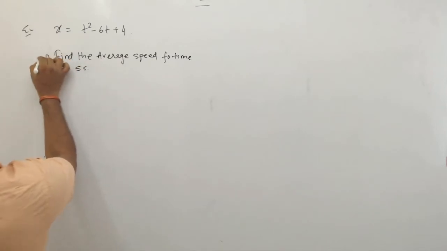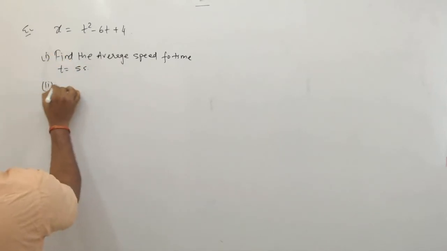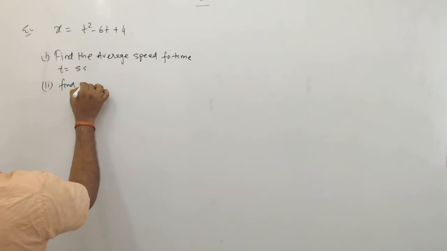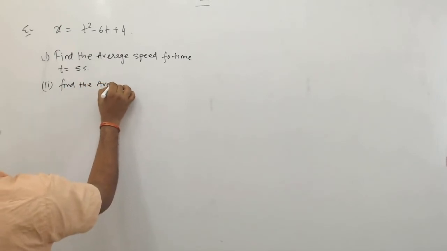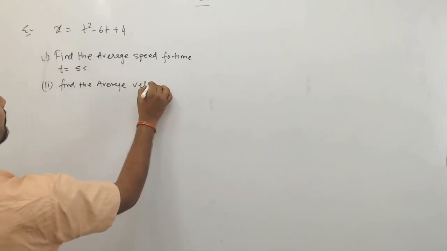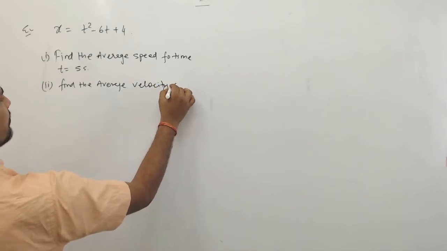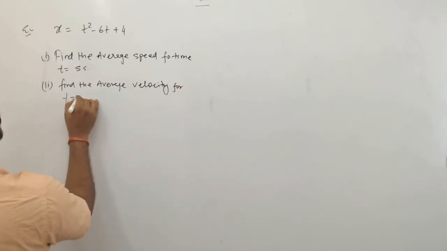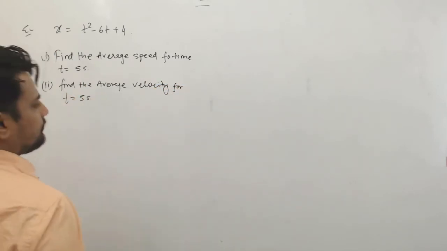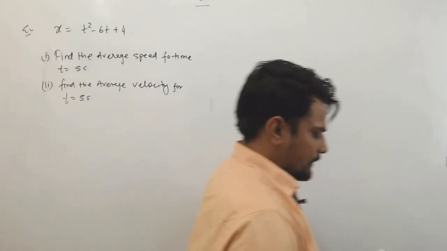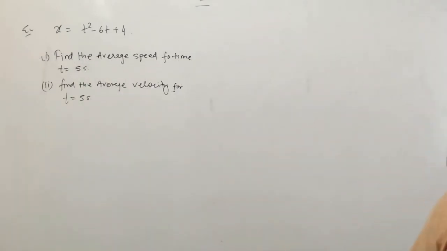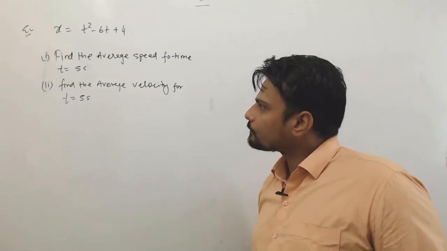Number 1. Number 2. Find the average velocity for time t is equals to 5 seconds. Itna hi nikalte hain. That will be sufficient to explain the entire process.